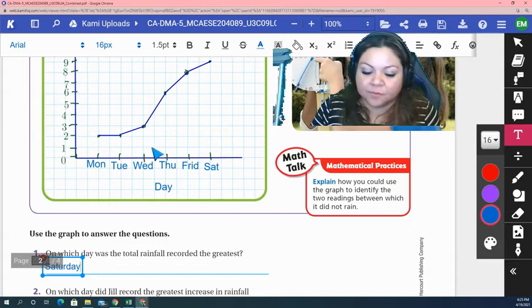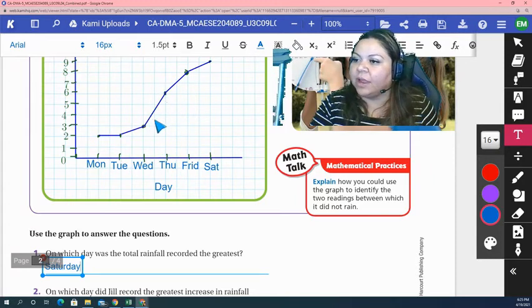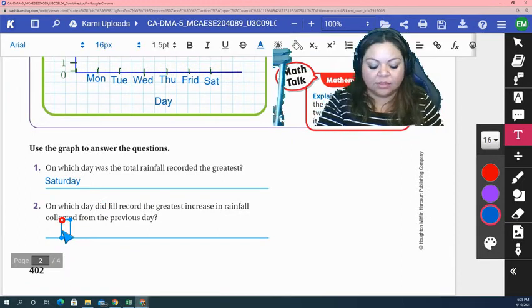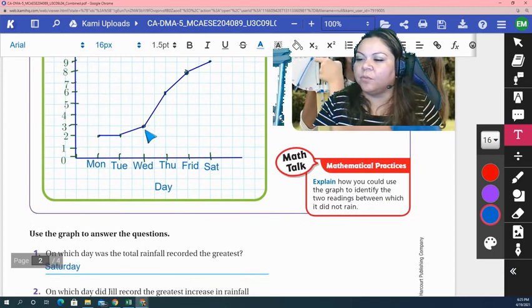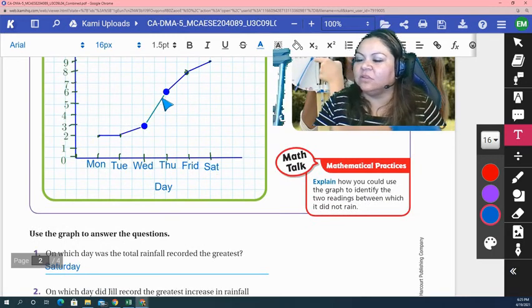Whereas from Wednesday through Thursday, it goes 1, 2, 3 up, right? So it would be Thursday, the day that it goes up the most. So the greatest increase was on Thursday, because that's when it goes from Wednesday to Thursday. It climbs up. The line is a little steeper.